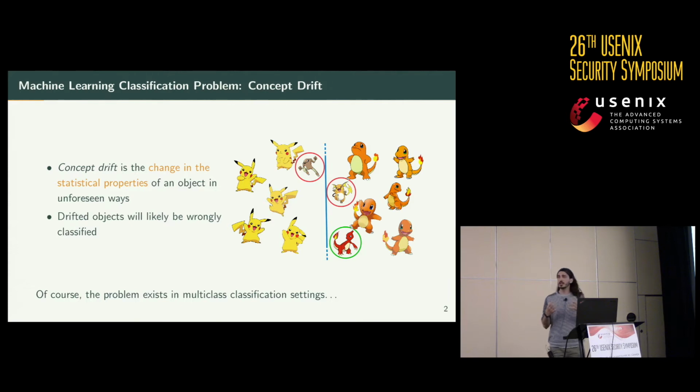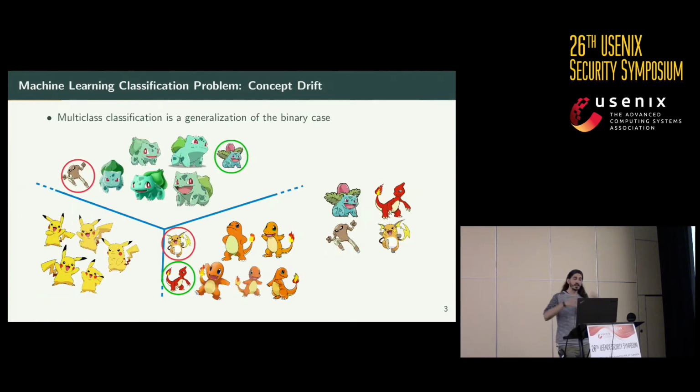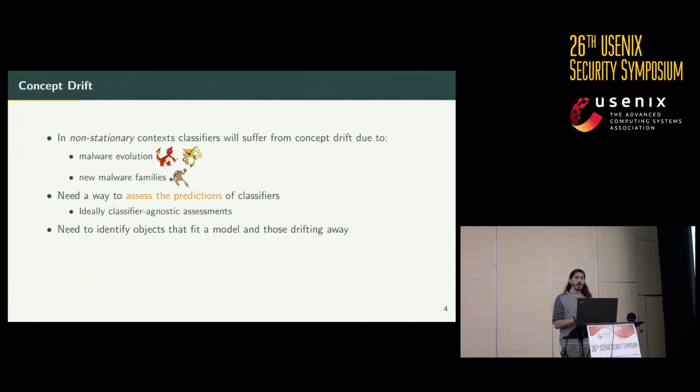Of course, this problem also exists in multi-class classification, because if you add a new family, for instance a new family of Pokemon, the Hitmonlee will always be classified wrongly wherever you place this Pokemon. So this is the problem of concept drift, and it occurs in non-stationary contexts. What does that mean?